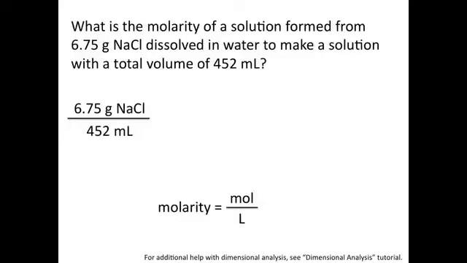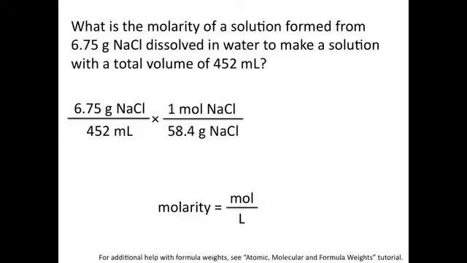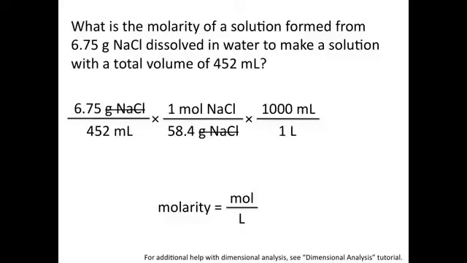So we can say there are 6.75 grams sodium chloride divided by 452 milliliters, times 1 over 58.4 grams sodium chloride, times 1,000 milliliters over a liter. That conversion gives us the molarity, which is 0.256 moles per liter.